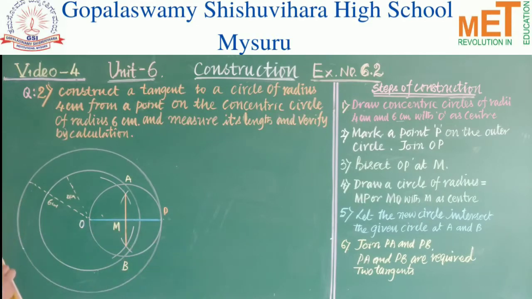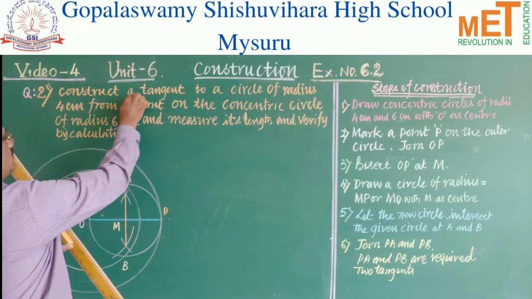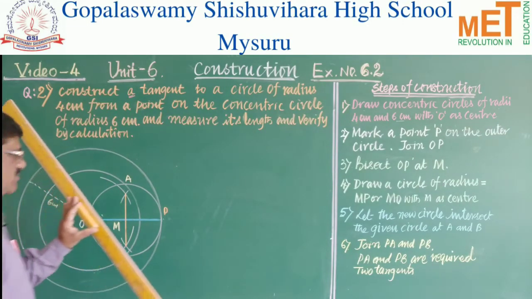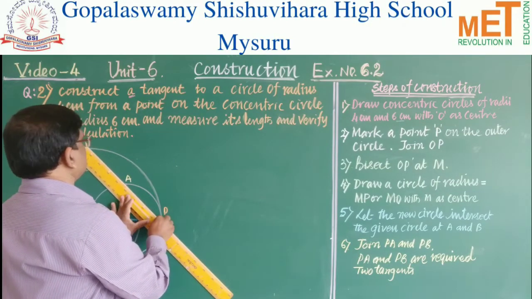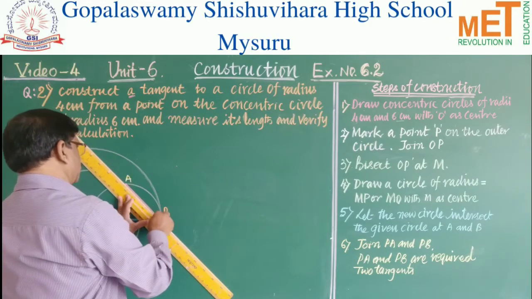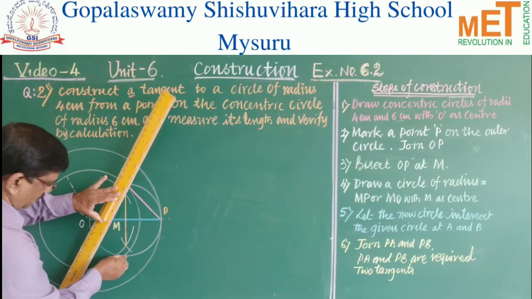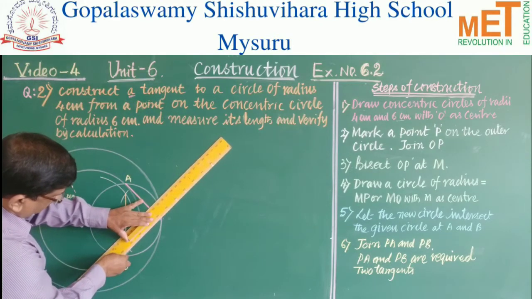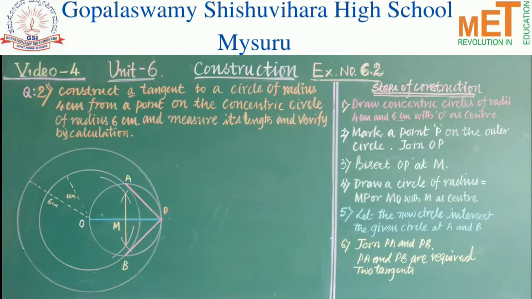Join PA and PB. Here they ask to draw a tangent. One is enough. Suppose in the examination if they ask to draw tangents, then you have to draw both. You see? So I have joined PA and PB. Here PA and PB are the required tangents.